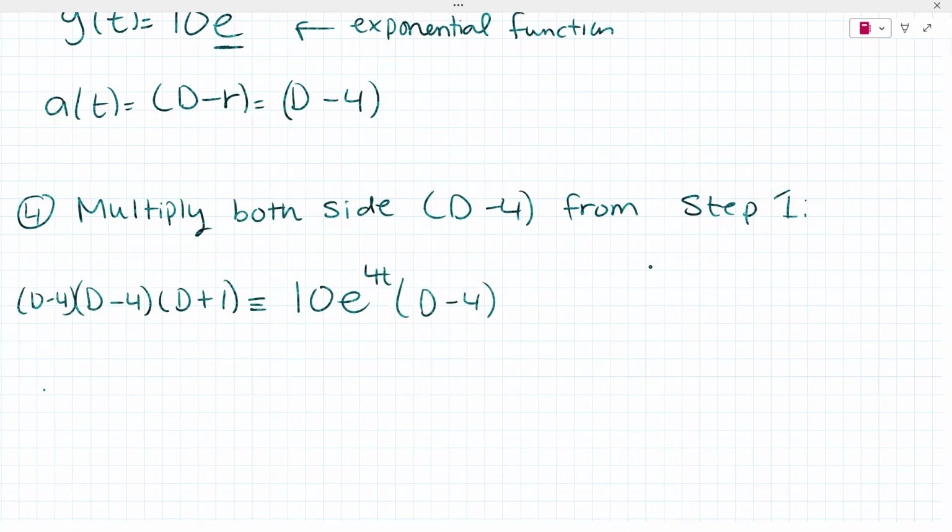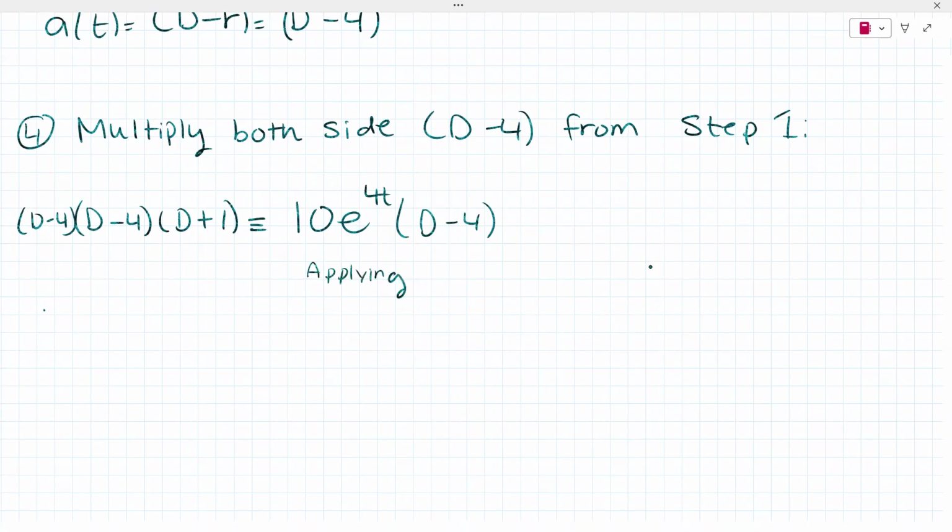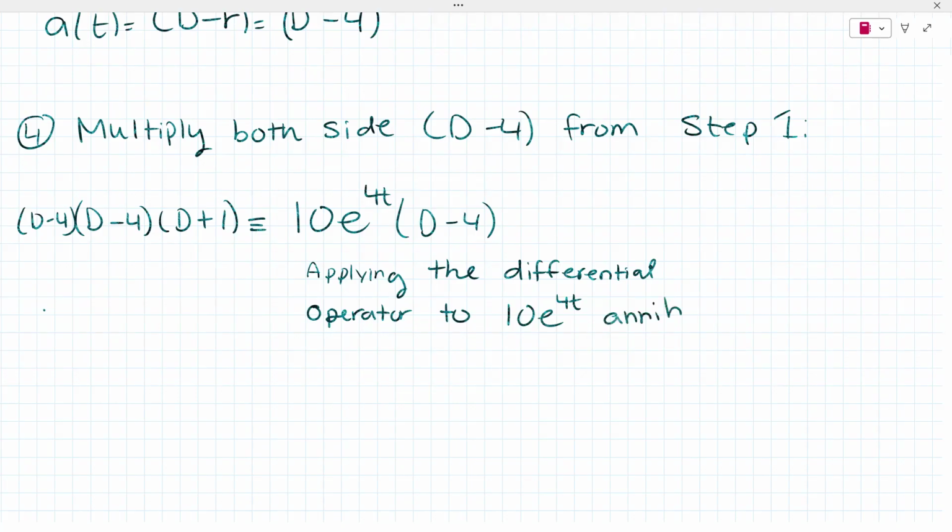Apply the differential operator to 10e to the 4t to annihilate or cancel it.